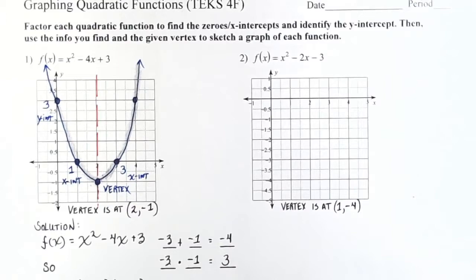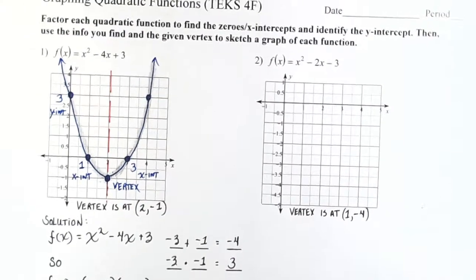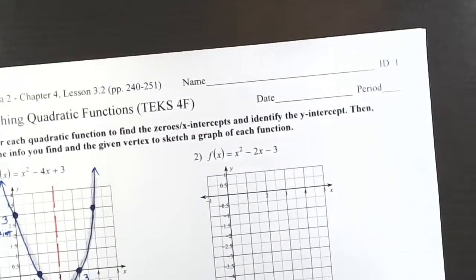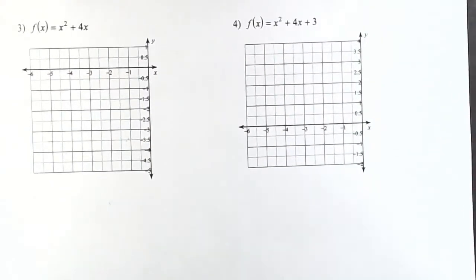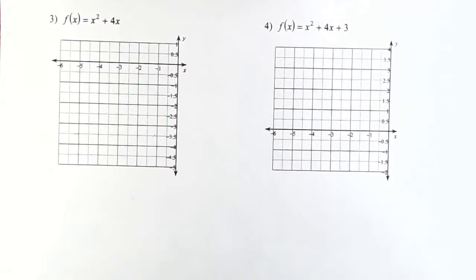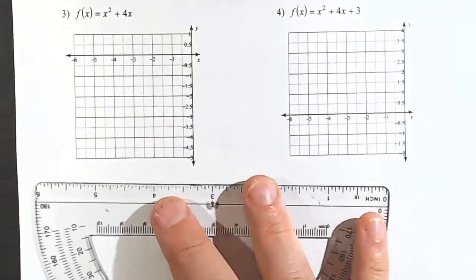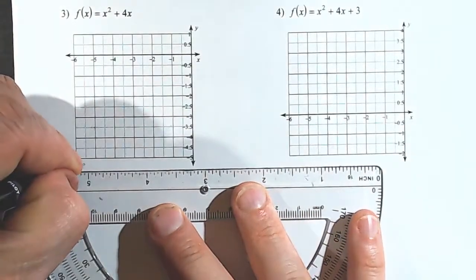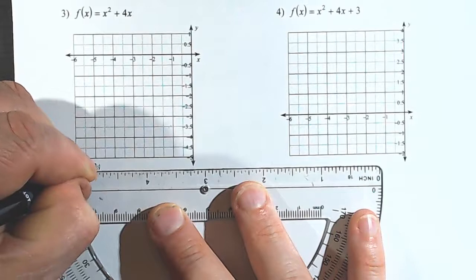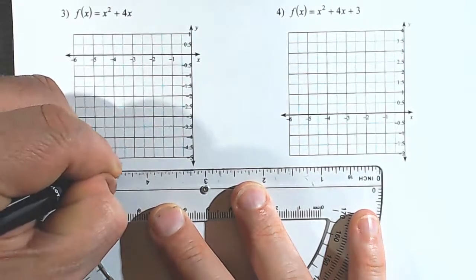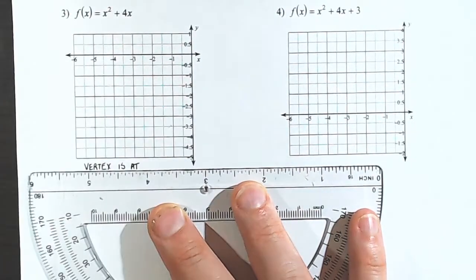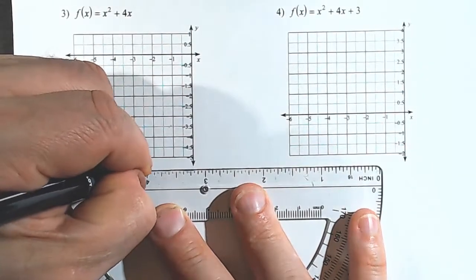And then we'll move on to number 3, if I can get to that second page. There's just 4 problems total. So your homework is 3 problems. The vertex for the third problem is -2, -4. So here the vertex is at -2, -4.